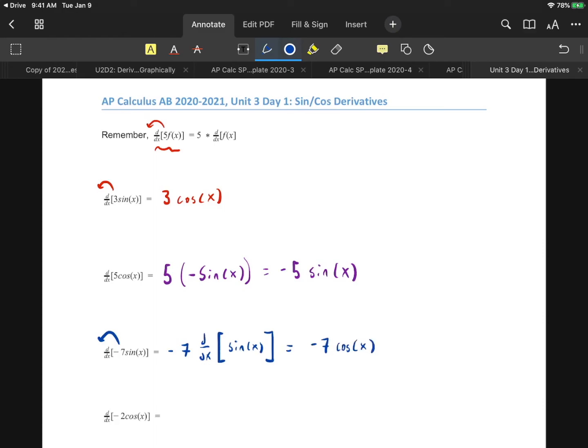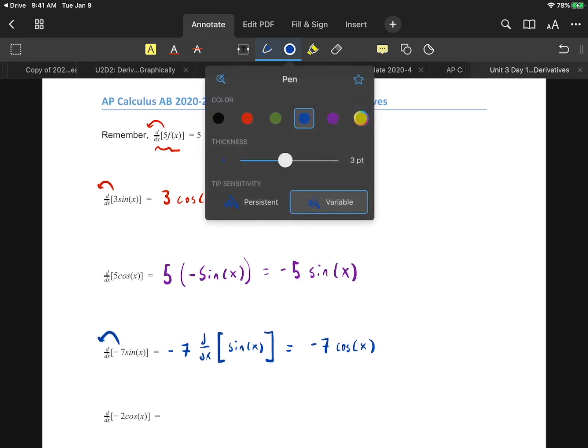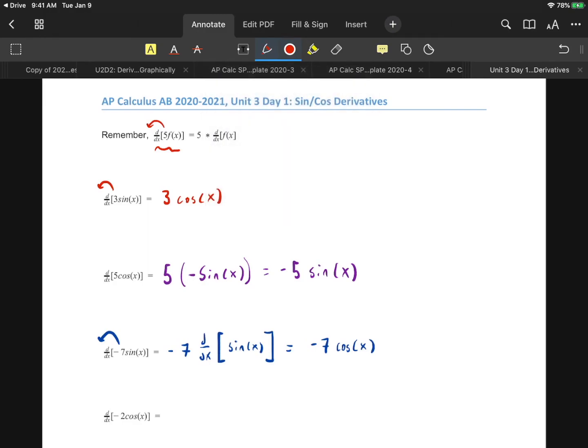It's just a matter of how comfortable you are with these negative signs, but particularly when working with cosine, it can be helpful to say that this is negative 2 times the derivative of the cosine function, and that this is going to be negative 2 times negative sine of x, which is equal to 2 sine of x.